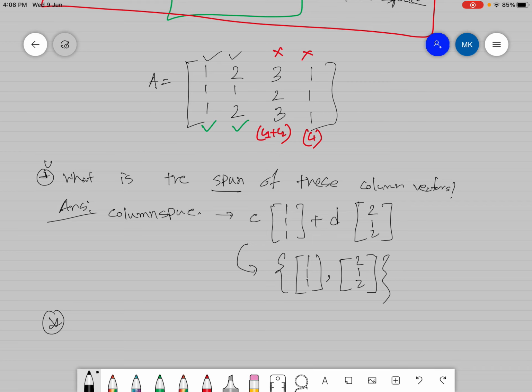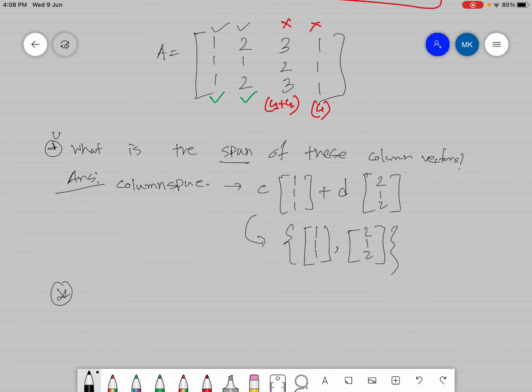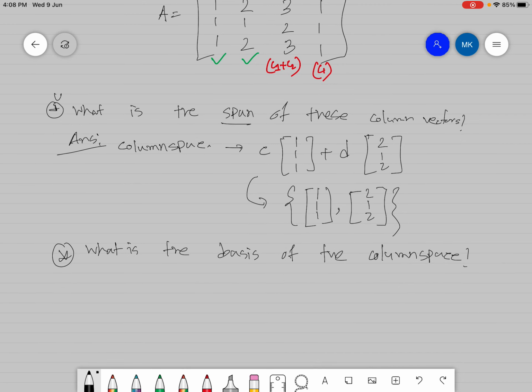So what is the basis of the column space? The basis of the column space is the minimum number of vectors that can span the whole column space, and those minimum vectors are the first column and the second column. So the answer is 1 1 1 and 2 1 2.